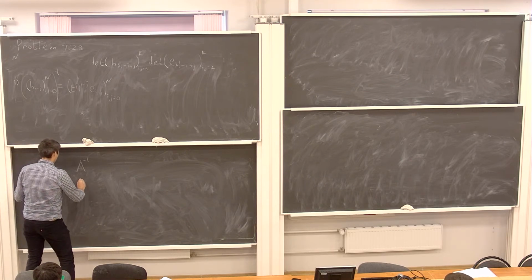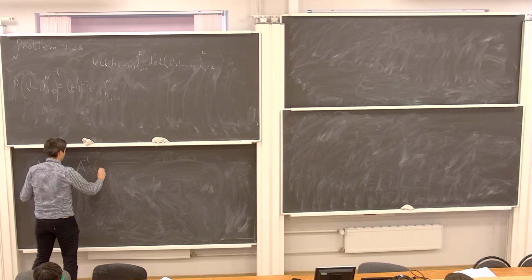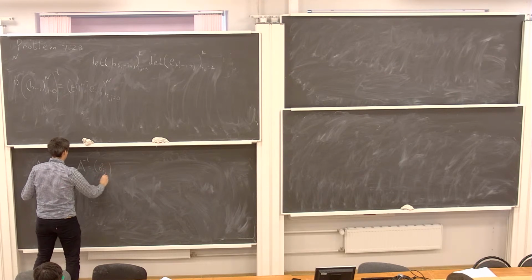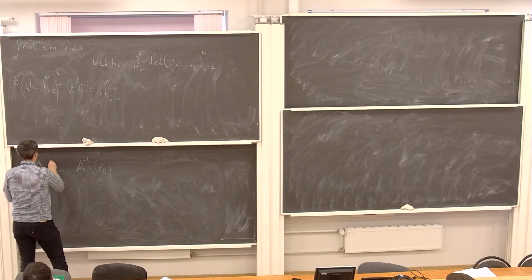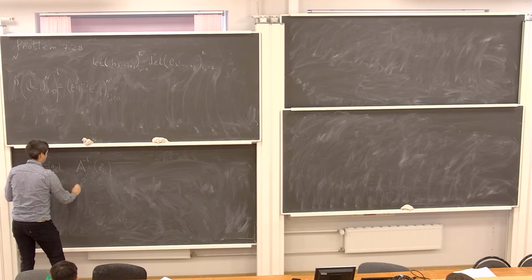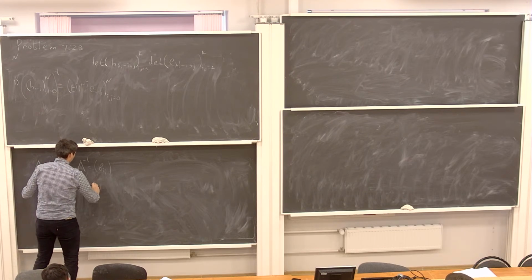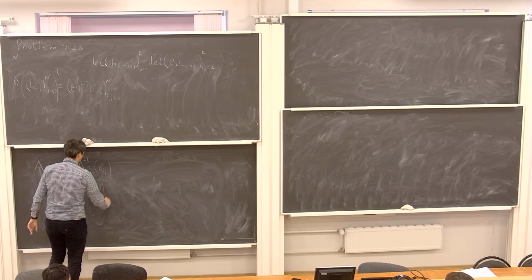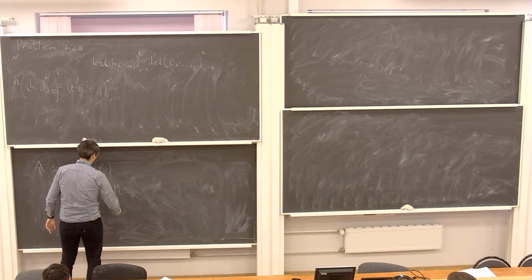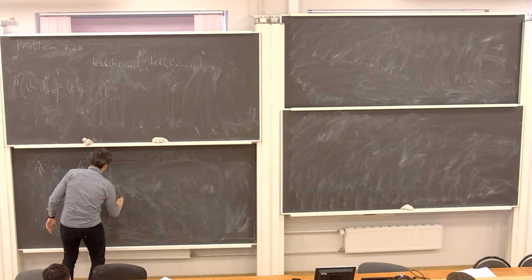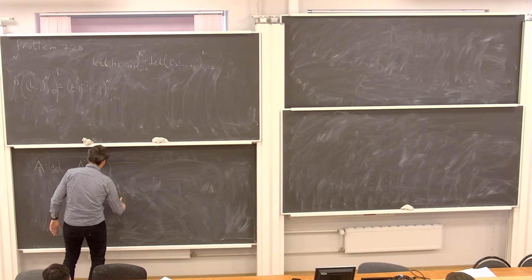If it is a matrix of Bij, and this is matrix Aij, so Bij is minus 1 I plus j, and the minor corresponding to ji.